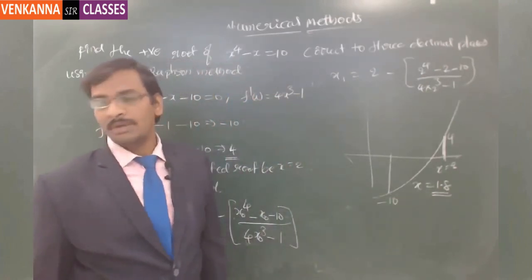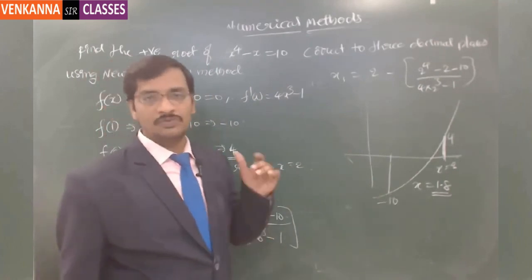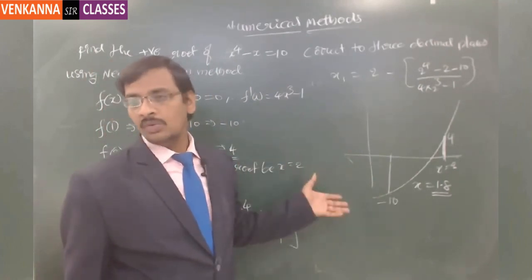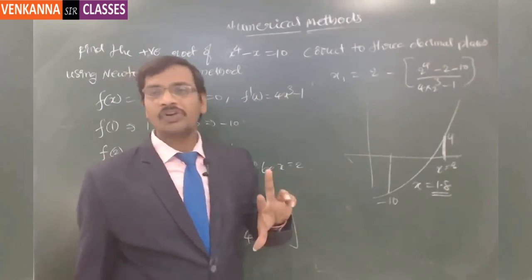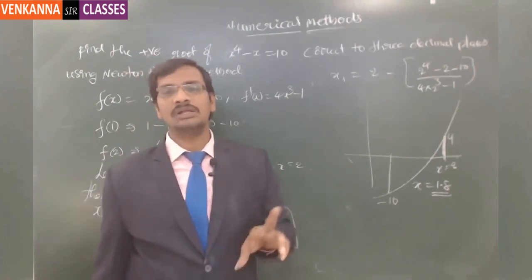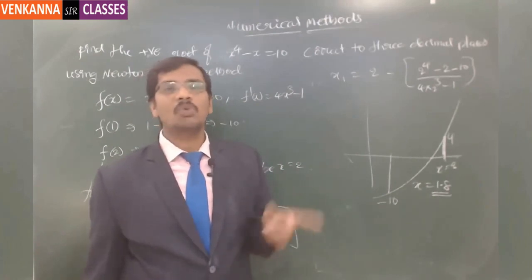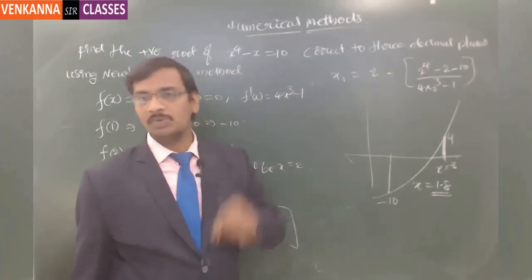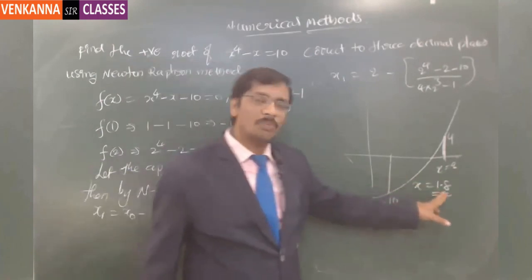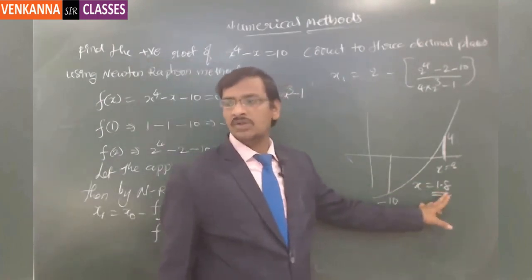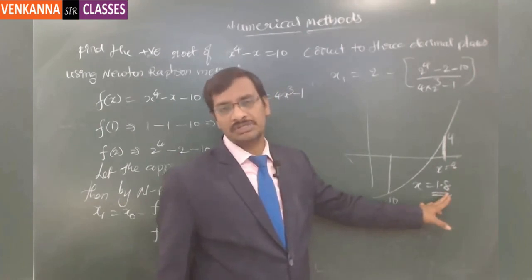Got it? Even if you take 2, or 3, or 1.8, or 1.5, or 1, the number of iterations may be a little bit more here and there, but more or less you will approach the same root. If you take 1.8 as the first approximation, you may get the answer within 2 or 3 iterations.